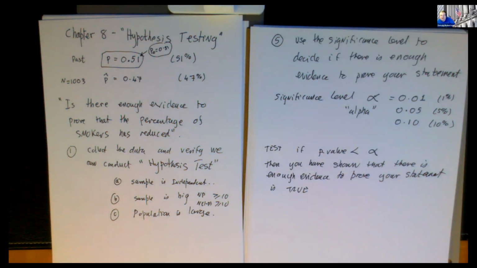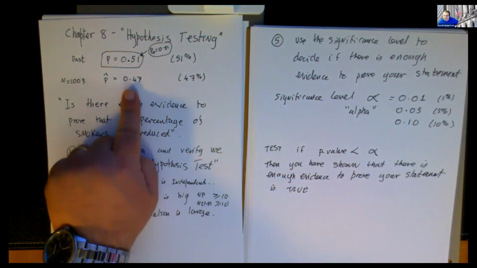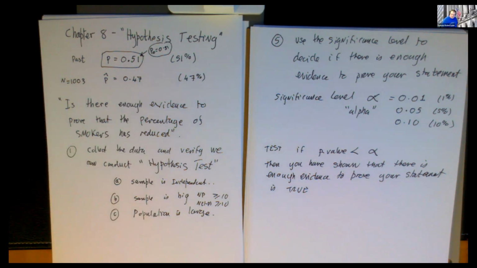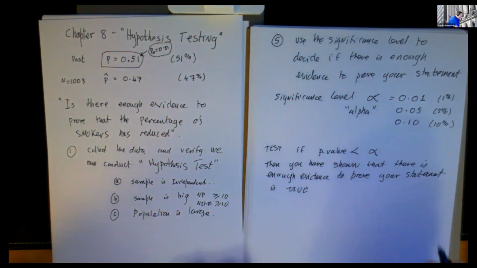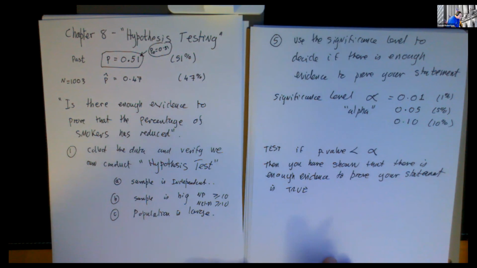So if your p-value is smaller than that significance level, then you can say with a fair degree of confidence that the percentage of smokers has definitely gone down. Now they have a fancy jargon sentence, like the judge pronouncing his sentence.